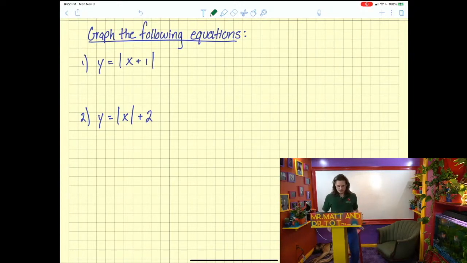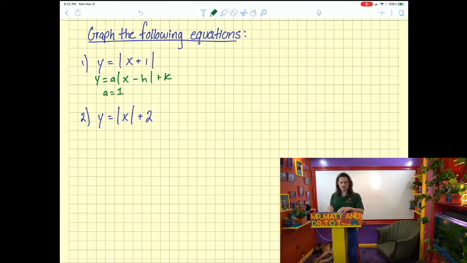Okay, so for the first function, y is equal to the absolute value of the quantity x plus 1. So this is in the form y is equal to a times the absolute value of x minus h plus k. So notice that in this function, a is equal to 1 because it's not listed, h is equal to 1, and k is 0 because we don't have a k.